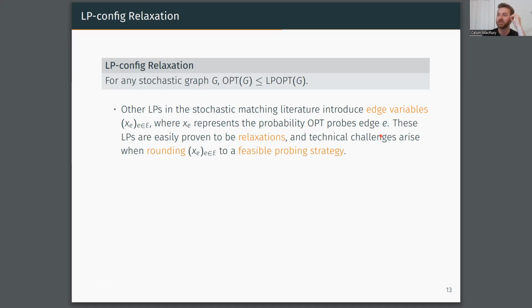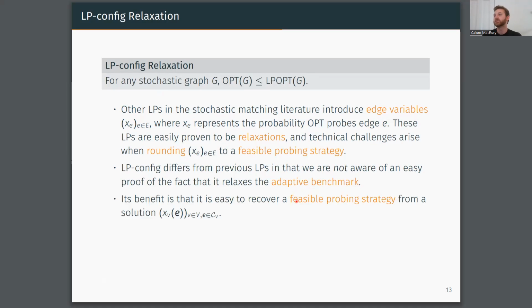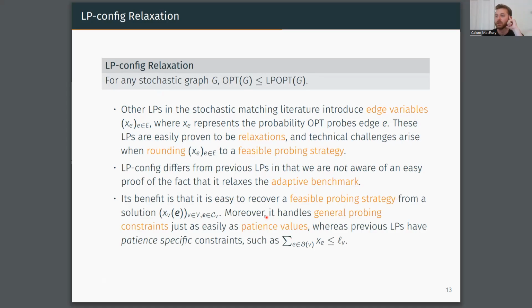The nice thing about the previous LPs is they're easily proven to be relaxations, but the downside is that it's hard to round a feasible solution into a probing strategy. So our LP is different in that actually proving that it relaxes the adaptive benchmark, the above statement, is quite challenging. But its benefit is that once you solve the LP, it's easy to recover a feasible probing strategy. And moreover, it handles general probing constraints just as easily as patience values.